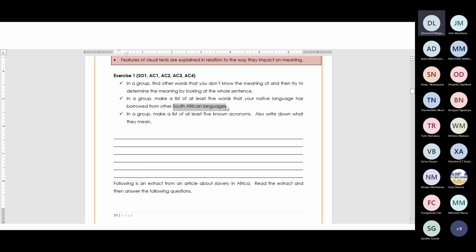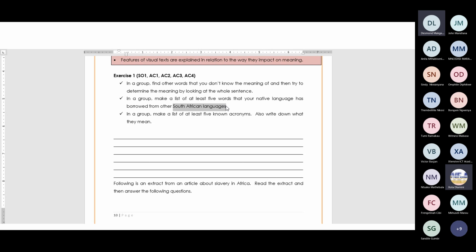Yes, sir. If you notice, we did them from English last week. I want to challenge you to avoid using English in this instance. As they say, other South African languages. So avoid French, avoid Dutch, avoid Portuguese. They are languages in South Africa, but they are not native to South Africa. So I'm going to skip that one. I think we did it last week.